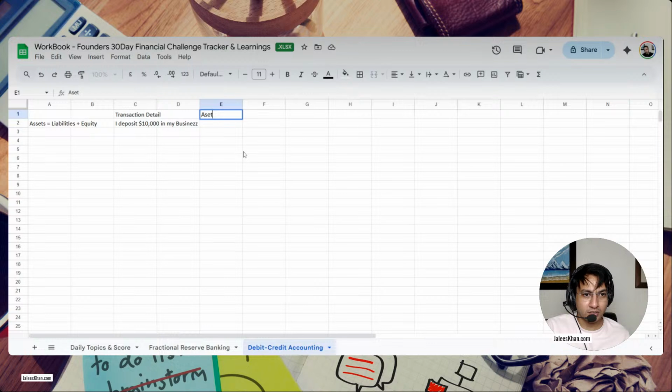It is asset, liabilities, equity, and how are we going to record it? Well, we can say that it is credit, debit.